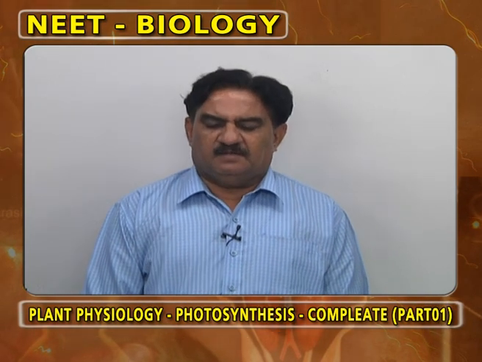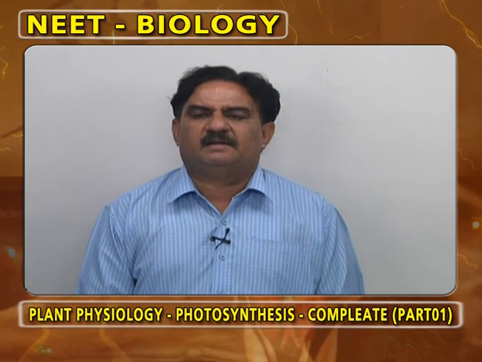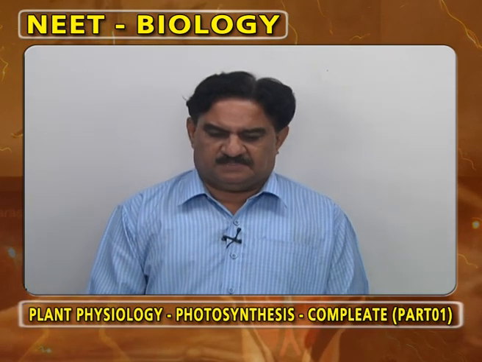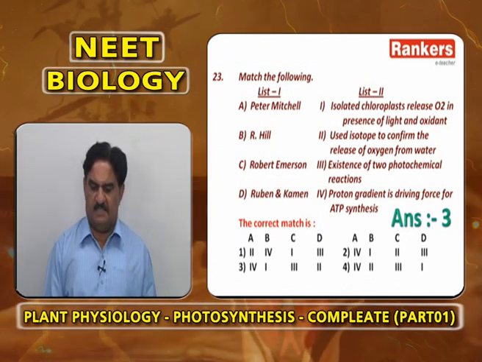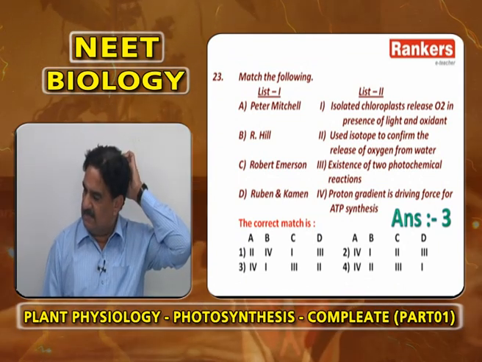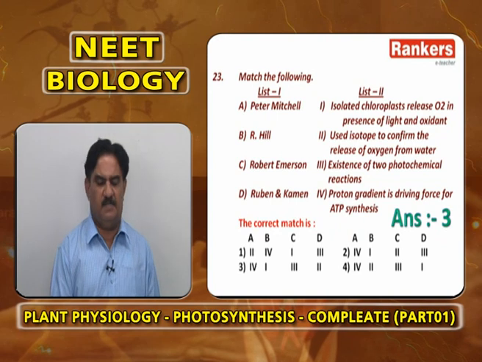So Robert Hill, first option. Robert Emerson: existence of two photochemical reactions, that is PS1 and PS2, or pigment system 1 and pigment system 2, discovered by Robert Emerson.